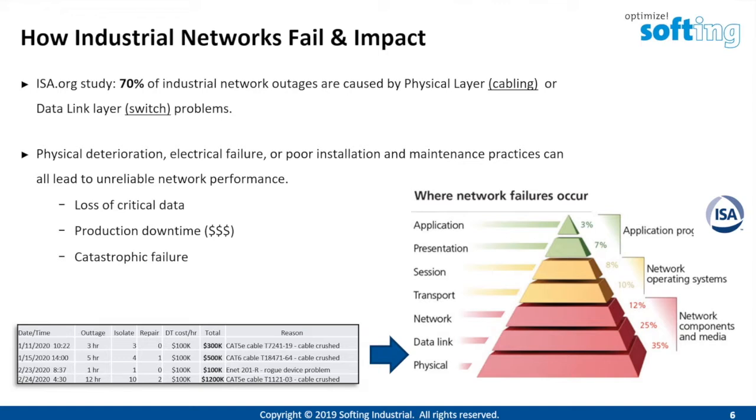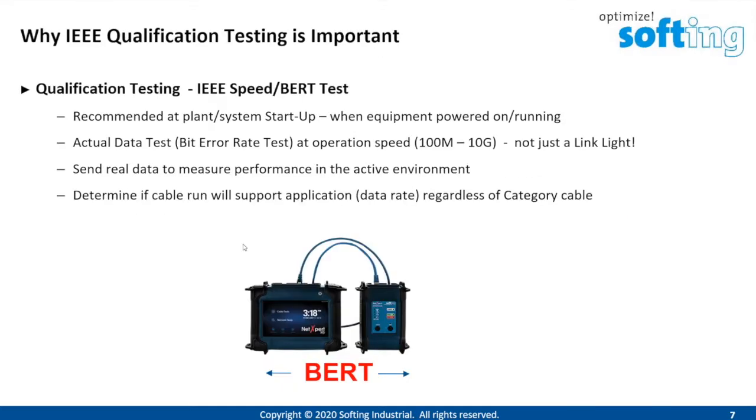So 70% of the time, more or less, and when we talk anecdotally with the customers we deal with all the time, some of them say 90% of the time that there's a network issue, it's usually because of the cabling. So again, this is very good to focus on from an industrial troubleshooting perspective, and that leads us to talking a little deeper on what qualification is.